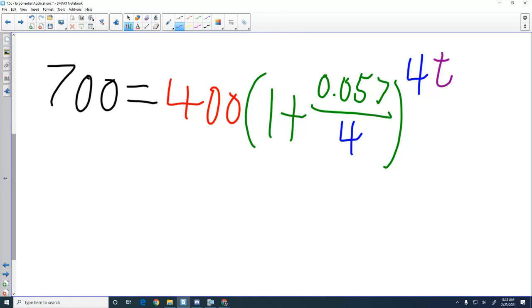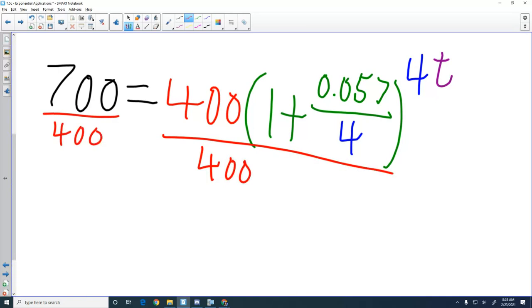I want to get the variable by itself. So I need just the base, the exponent, and the answer. So I'm going to start by getting rid of this 400. So I want those to cancel out, so I just have a base, an exponent, and an answer.